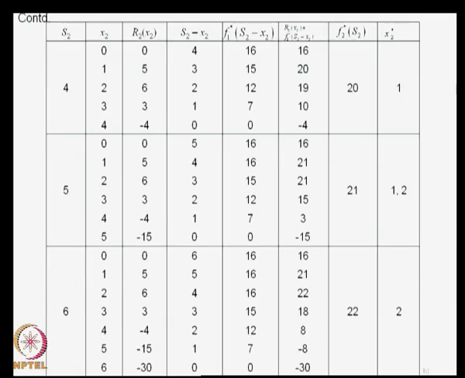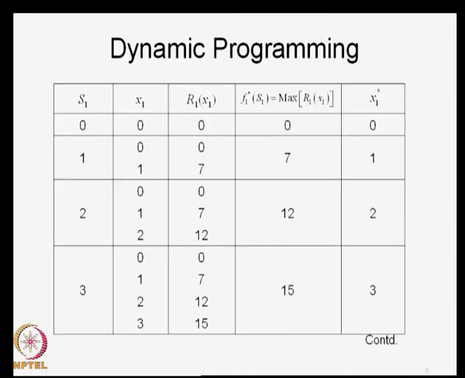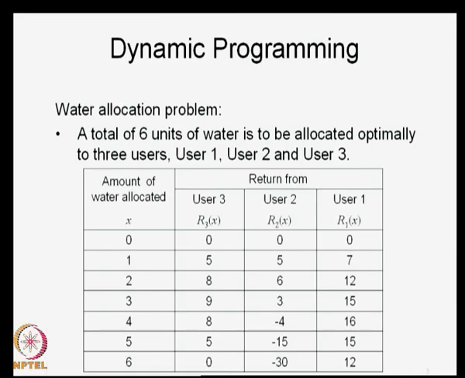So, we will go to that table. 3 1 2 is the allocation, 3 is 15, 1 is 5 and 2 is 8. So, 15 plus 5 plus 8, that is 28, that is the maximum return that you get.